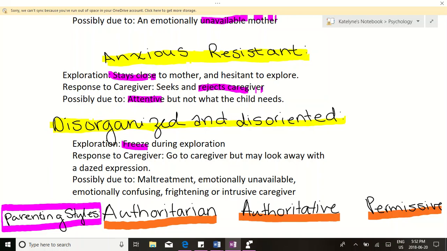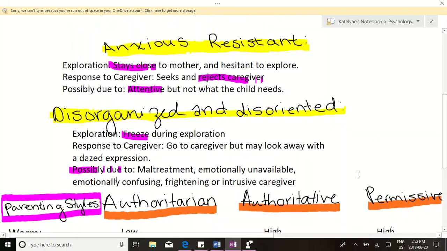When the caregiver comes back from somewhere, the child may go to the caregiver, but when they do go to the caregiver, they usually look away from the caregiver and they usually have a dazed expression. Reasons for this type of attachment style is possibly due to maltreatment, an emotionally unavailable caregiver, or an emotionally confusing, frightening, or intrusive caregiver.